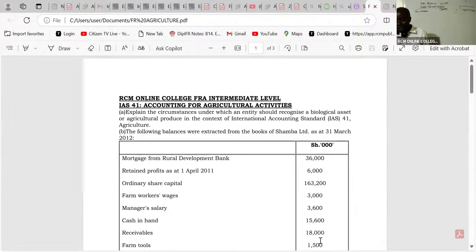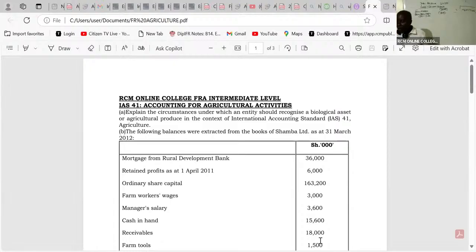So I'm able to see reduction in value of farm tools, farm tools depreciation: 1,500 minus 1,200. This gives me a loss in value of 300 that has to be charged to our income statement.